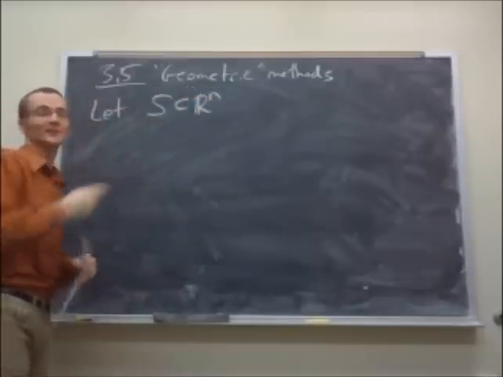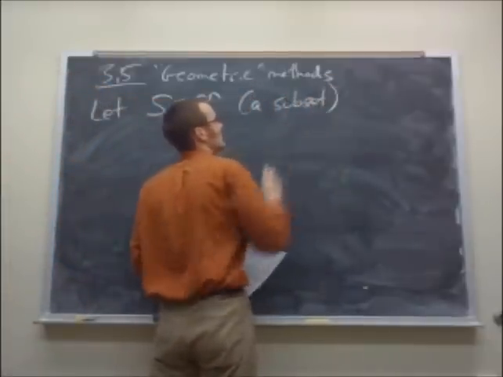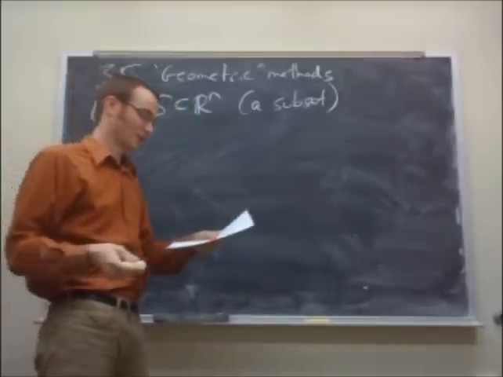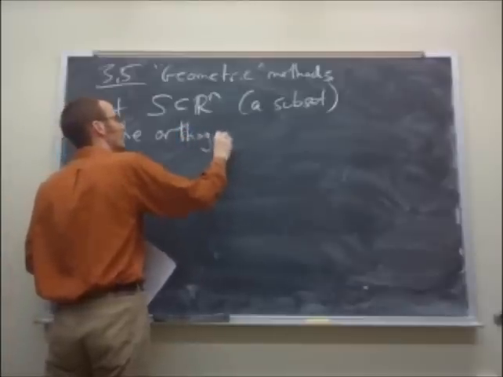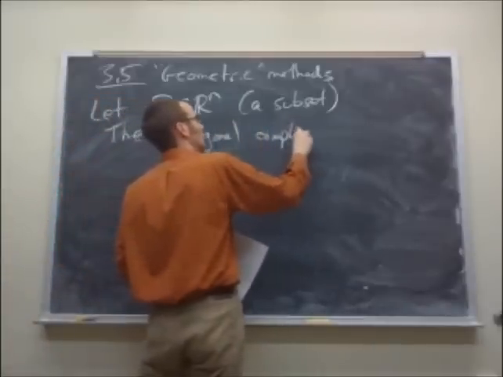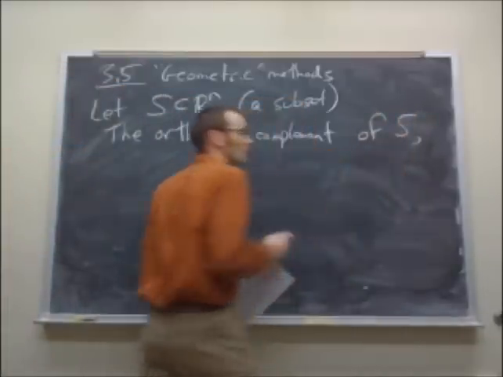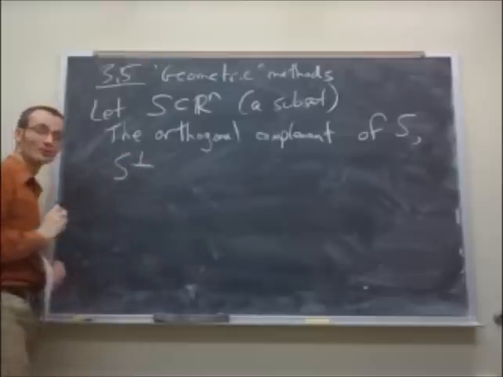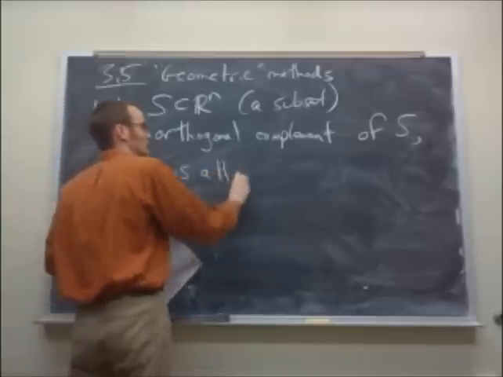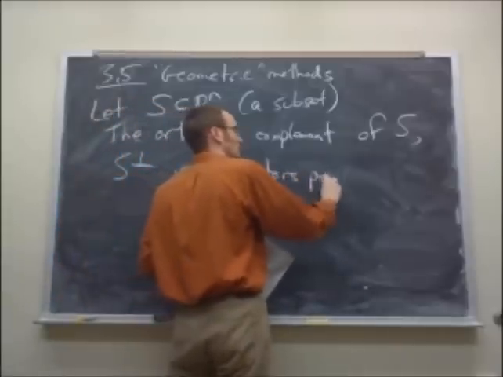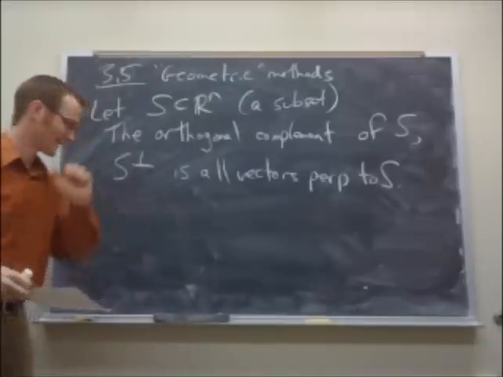So let S be a subset of R^n, just some vectors in R^n. Then the orthogonal complement of S, which we'll call S perp for perpendicular, is all the vectors perpendicular to S. This makes sense. S perp is things perpendicular to S. Excellent.